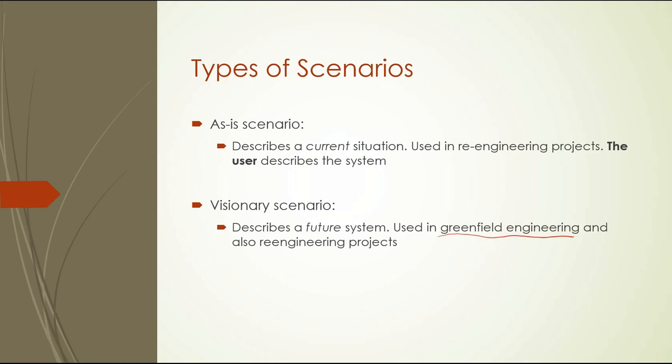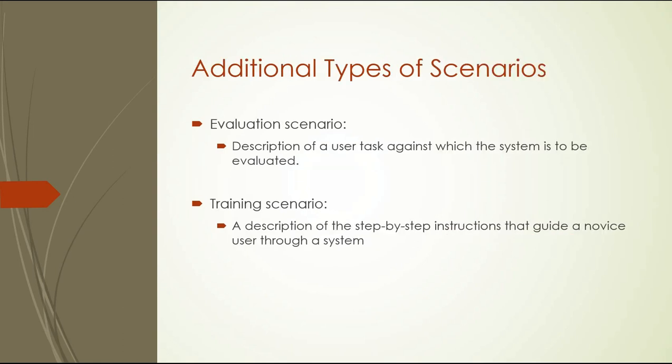We have the existing system, and here we just use it to describe the current situation. We have a system and then we use it, so this is the as-is scenario. In the evaluation, you have the system and the design, and you want to evaluate this system, so use this. And then there is also training in the deployment.